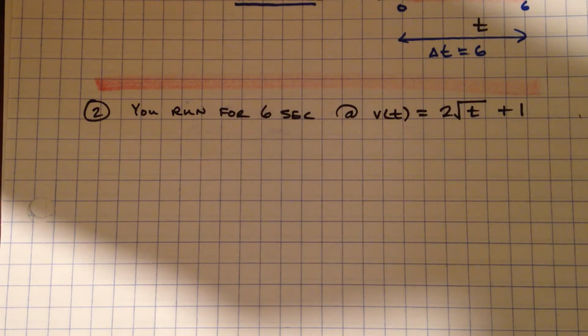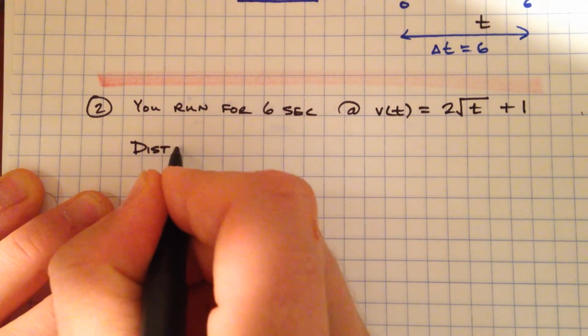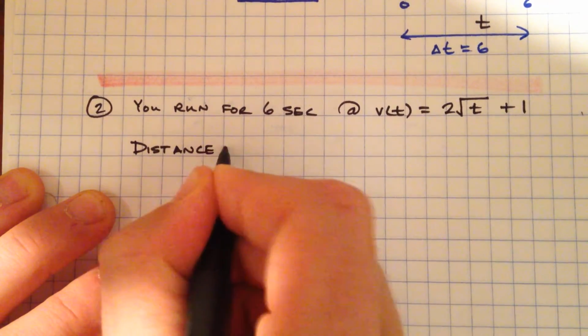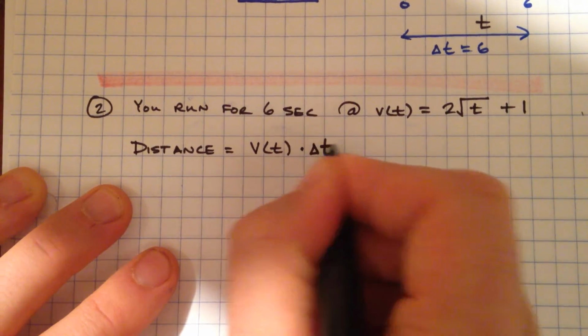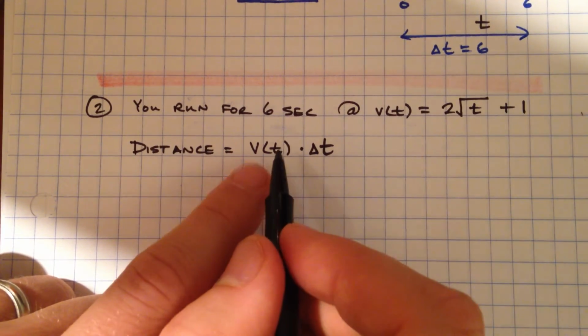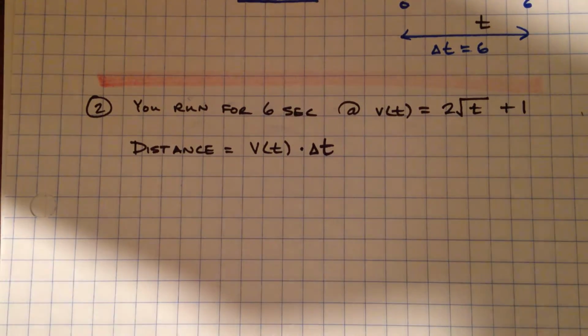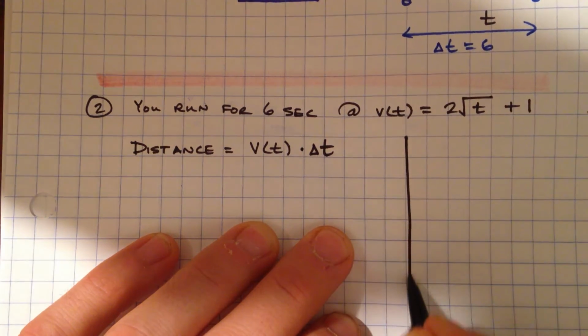All right. Well, we're still going to use the fact that distance is equal to the velocity over time times the change in time. The only problem is we don't really know what to plug in for velocity. And so what we're going to do is, again, try to think of this thing graphically.